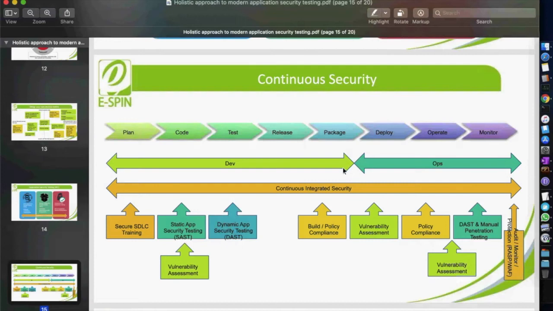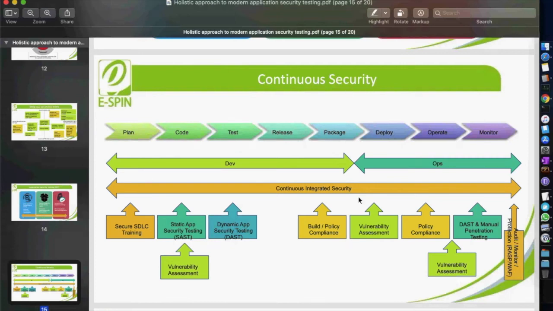Some of you may see the process from the developer, from the time they plan and design their code, testing, release, and packaging the software, then deploy, then operate the software, and then we monitor to make sure it is running. Actually, each of these key phases has very unique challenges that you need to deal with.